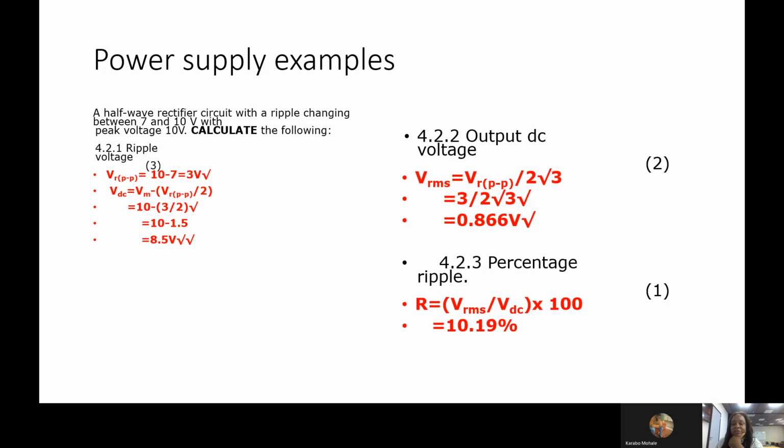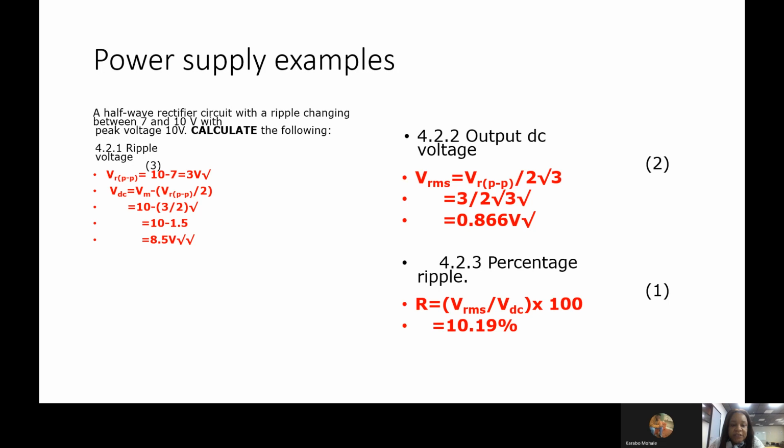And that gives us the answer of 0.866 volts. Now, if you had to work out the output DC voltage, you're going to use this part of the equation, which is VDC here for 4.2.1, which is VDC equals VM minus ripple peak to peak divided by 2, and that will give us 8.5.